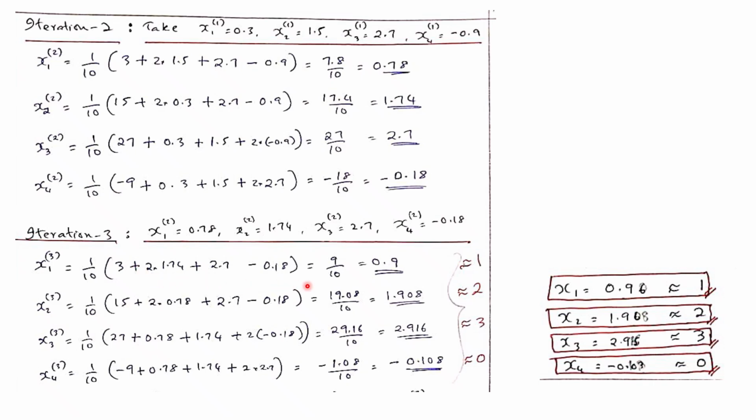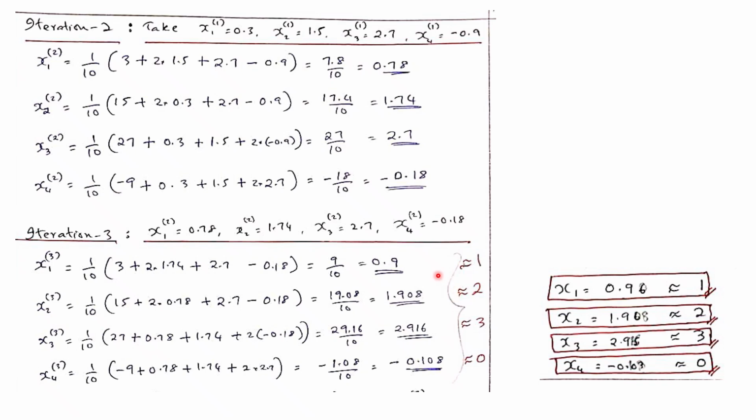After substituting and solving, you get 0.9 as x1, 1.908 as x2, 2.9 something as x3, and minus 0.1 something as x4.